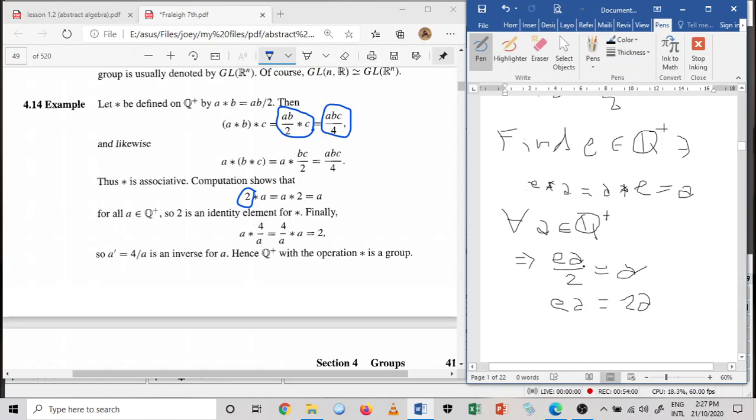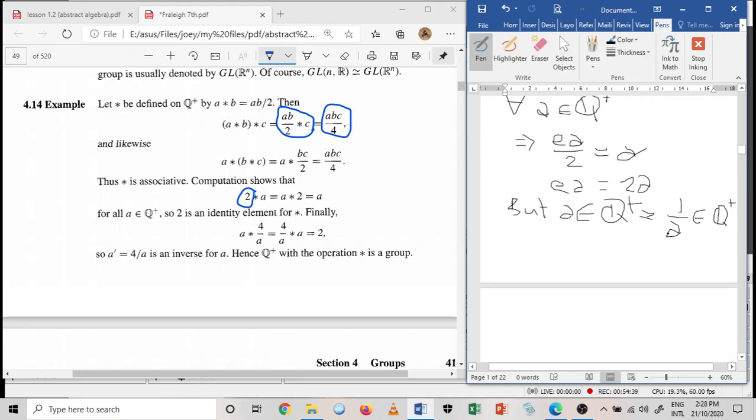Meaning, A being an element of Q plus would imply that the number 1 over A would also be an element of Q plus. So such number exists. Therefore, we can multiply such number to both sides of this equation.